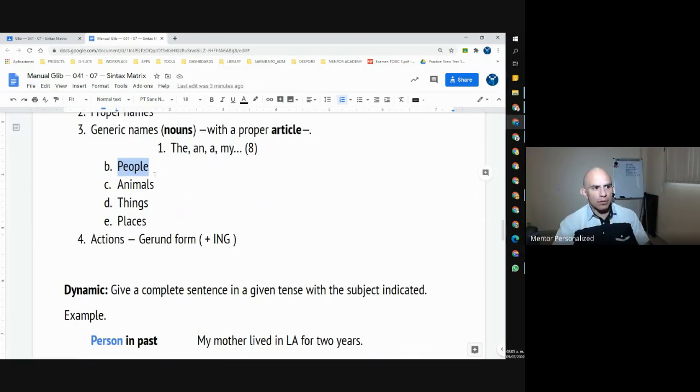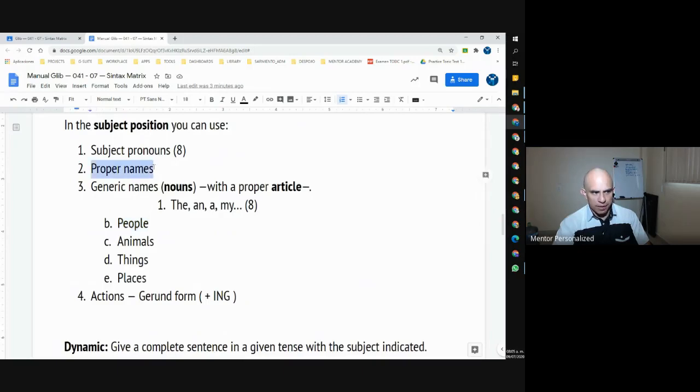So you are talking about a person, but it's not a proper name. It's not the subject pronoun. You are talking about a generic name, the name of a relation, which is a mother, the mother, my mother, your mother, a mother, etc. You need to define with the article what element you are talking about.